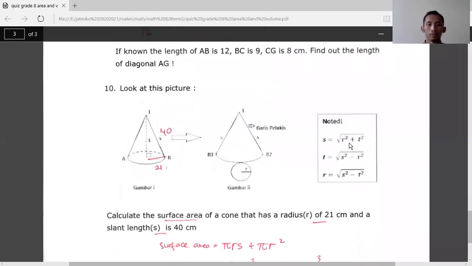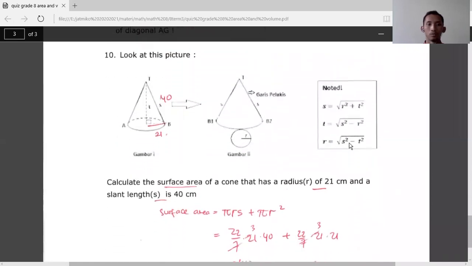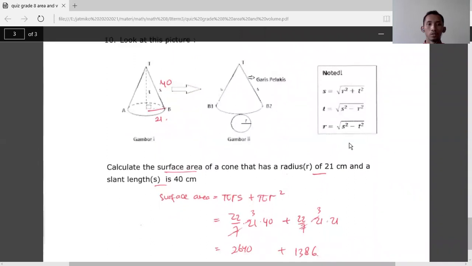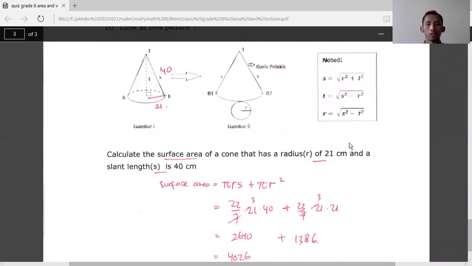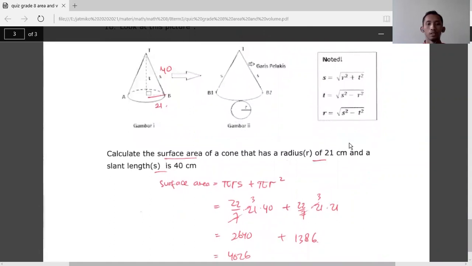We have a cone. I already put the formula there because I think this is the hardest part, but all of you can do it, most of you can do it, with only a small mistake.